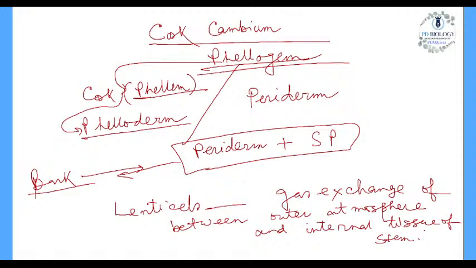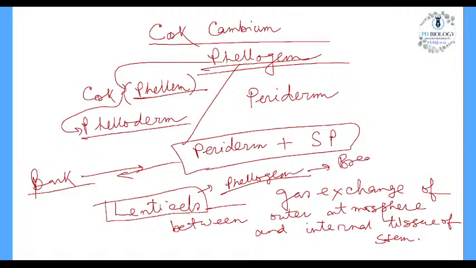So lenticels are developed by breakdown of phellogen. Phellogen cuts off closely arranged parenchymatous cells on the outer side. They rupture the epidermis and form lens-shaped openings, that is lenticels.